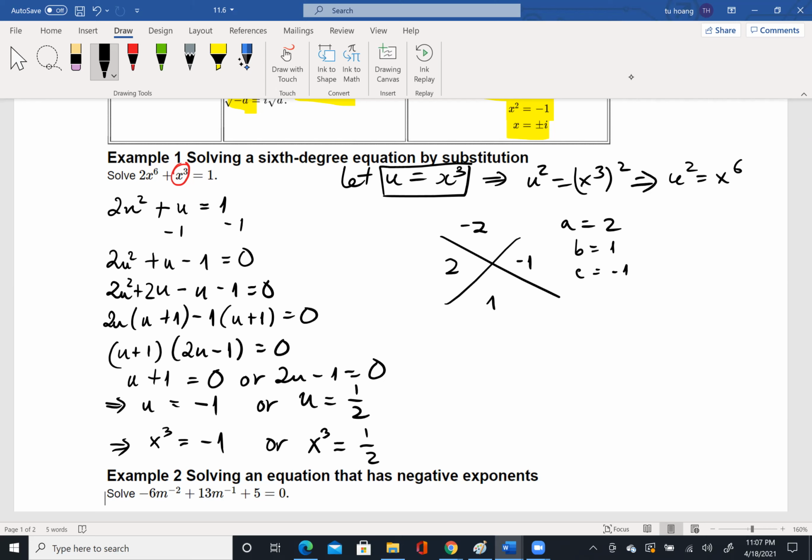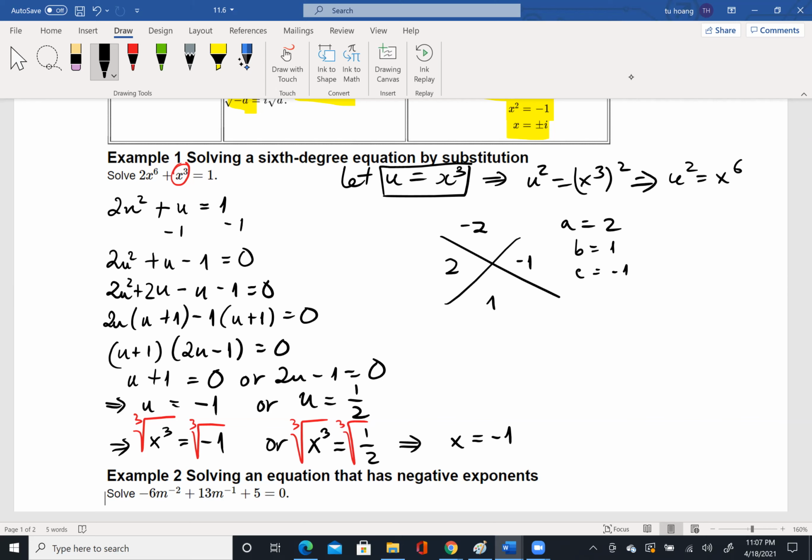Okay, so after you have x cubed equal to negative 1, you just take the cube root of both sides, right? Cube root both sides. So for the first case, I have x equal to negative 1.